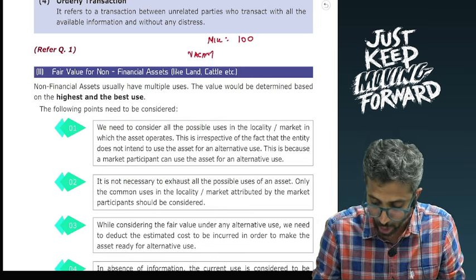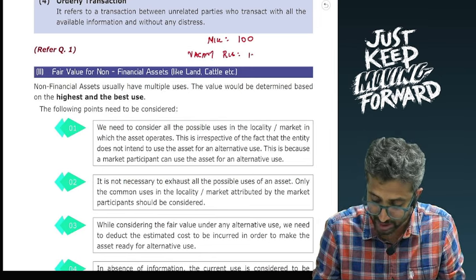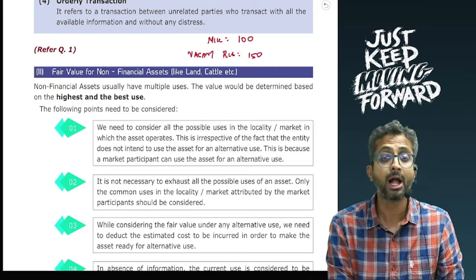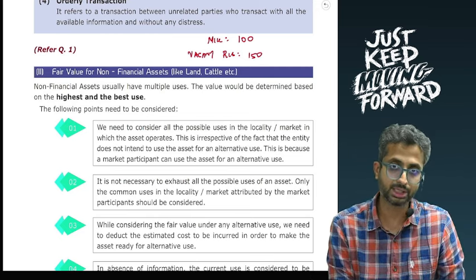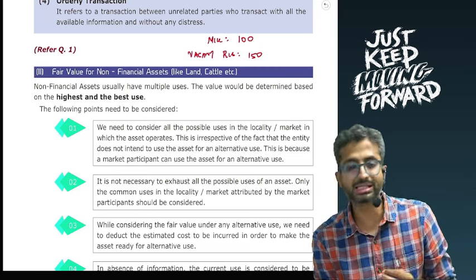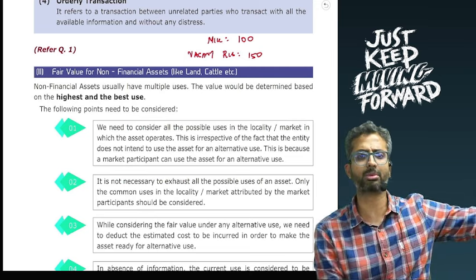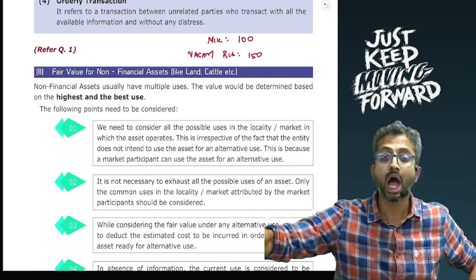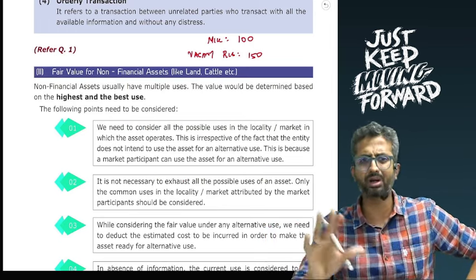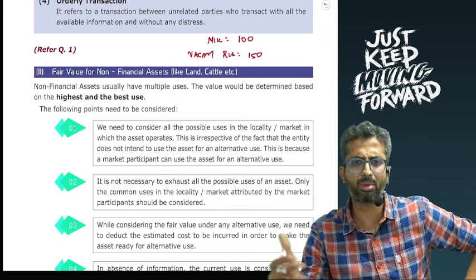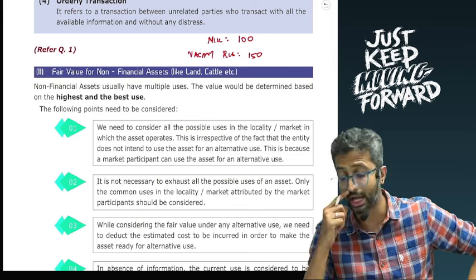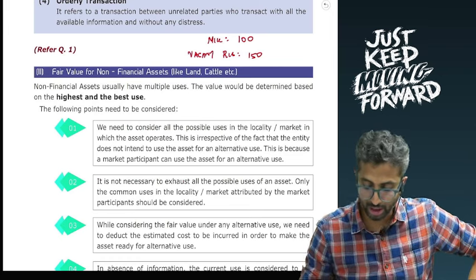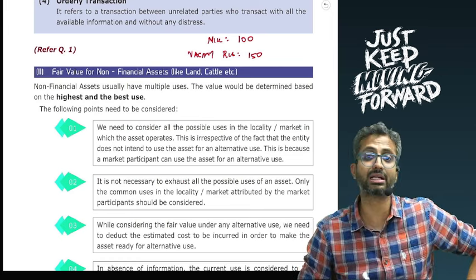A vacant plot of residential land in the nearby vicinity is coming at 150. Is that a valid alternative use? Yes. So, for this asset, you don't have to exhaust all the possible uses. Theoretically, you can dig a mine, you can do farming on that land. However, market participants in, let's say, Mumbai will probably not consider doing that. And as a result, over here, you will take which of the two is higher. We will say residential use.